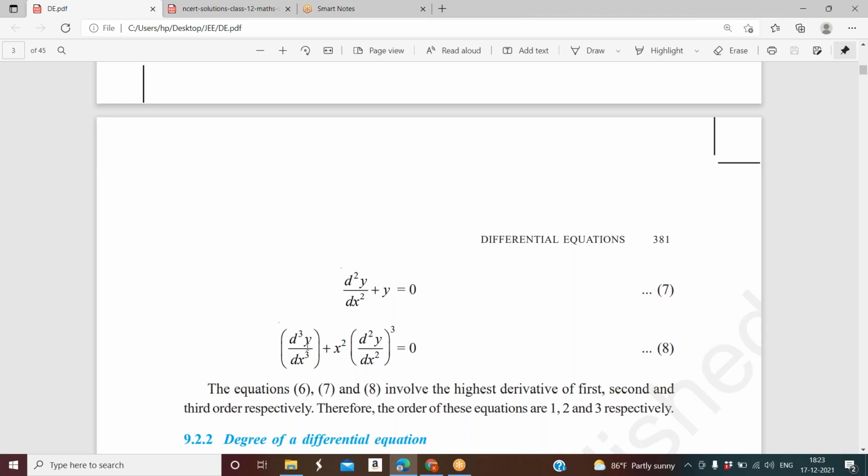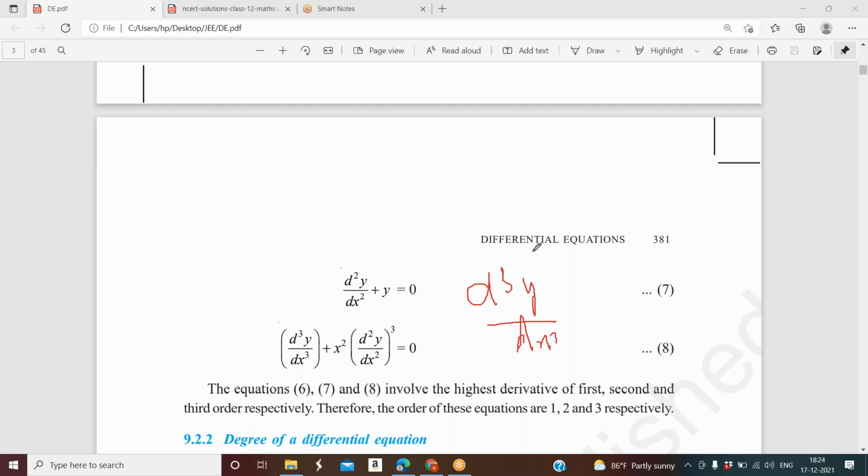And in this equation, we have two derivatives. One is d cube y by dx cube and the other one is d square y by dx square. Therefore, the highest order derivative is d cube y by dx cube.